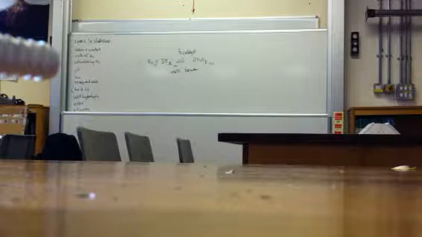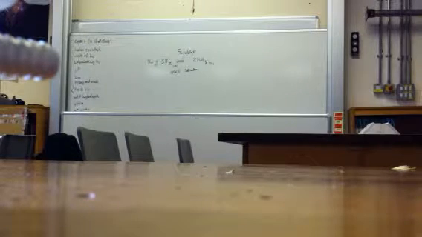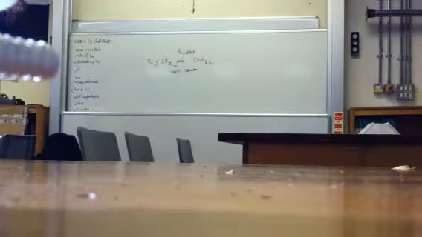The reason that happens is because there is a ratio of concentrations in the mixture which is always the same. That's where the equilibrium constant comes in. The equilibrium constant is the ratio of concentrations.